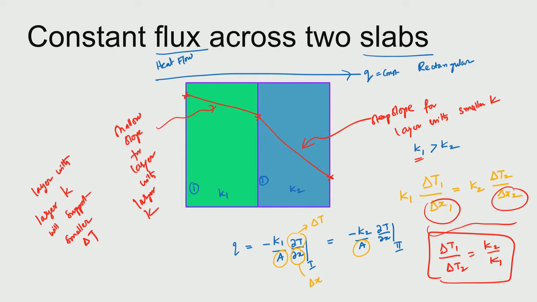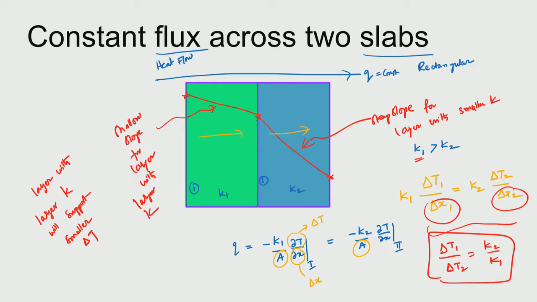This is a straightforward conclusion that we can draw from the steady state heat flux balance, assuming that the heat arriving from the left is the same amount of heat that is also going out. So, there is no accumulation of heat at the interface.